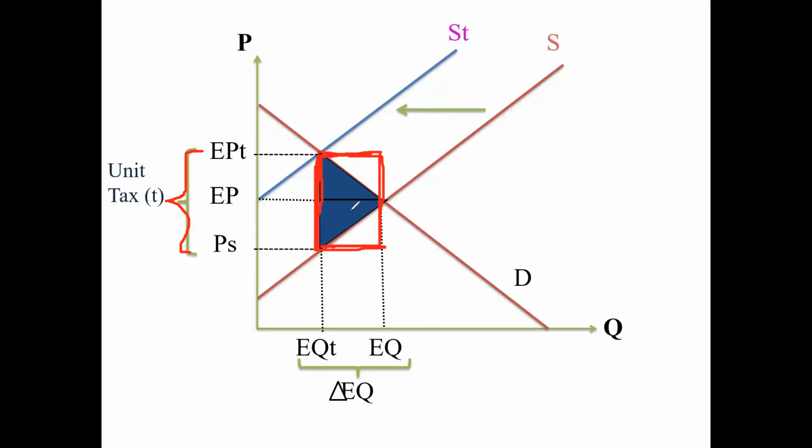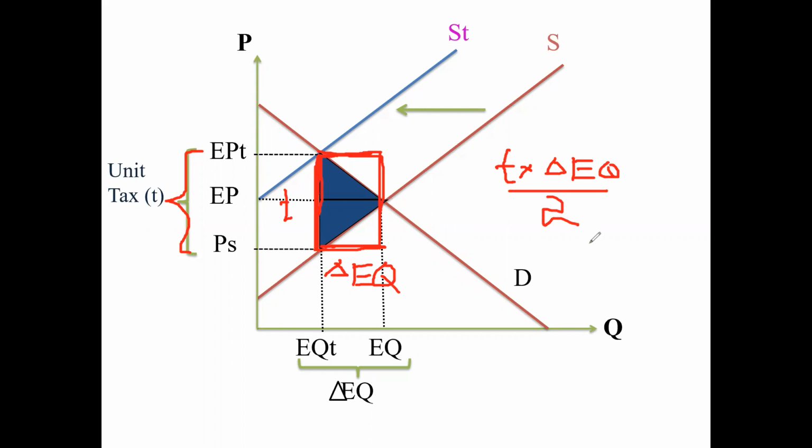Taking half of it gives the triangle. So the vertical gap is the unit tax. The horizontal gap is the change in equilibrium quantity. Unit tax multiplied by change in equilibrium quantity, divided by 2.